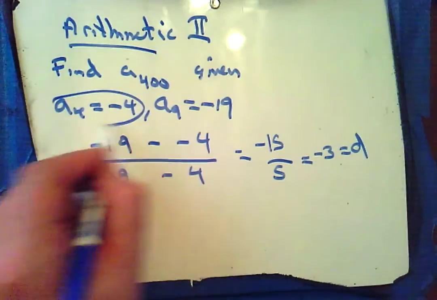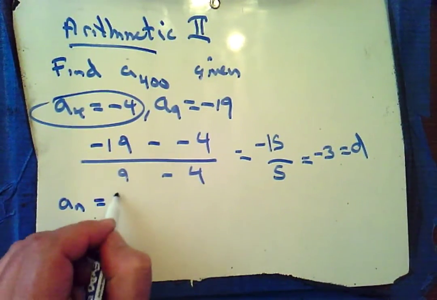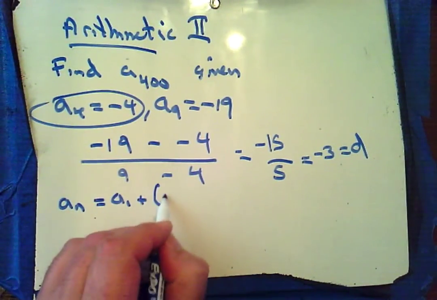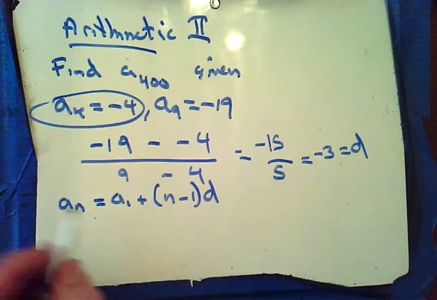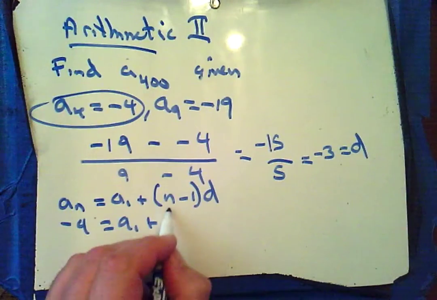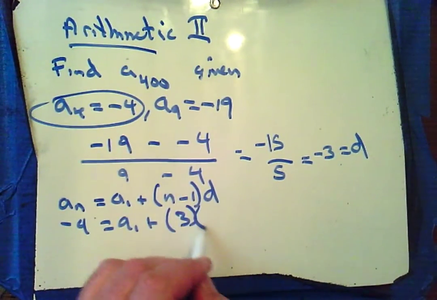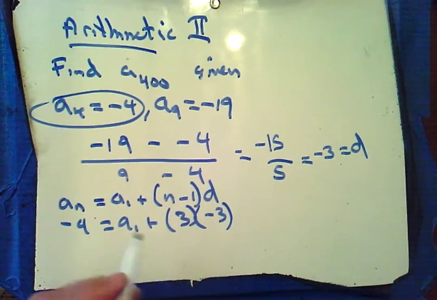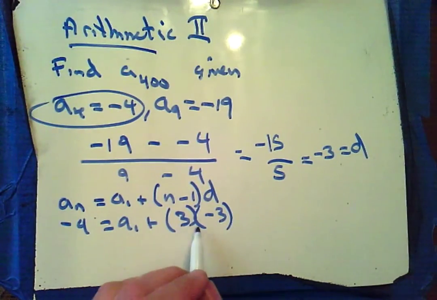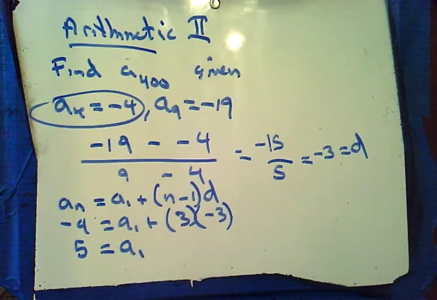And then I use d in one of these ordered pairs in a sub n equals a sub 1 plus n minus 1 times d. So negative 4 equals a sub 1 plus 4 minus 1 is 3 times negative 3. So there's negative 9. If I add 9 to both sides, I get 5 equals a sub 1.